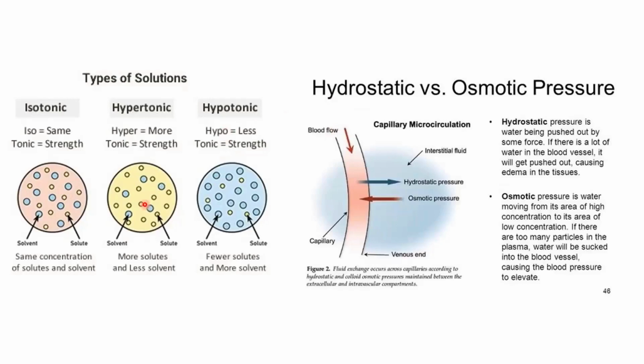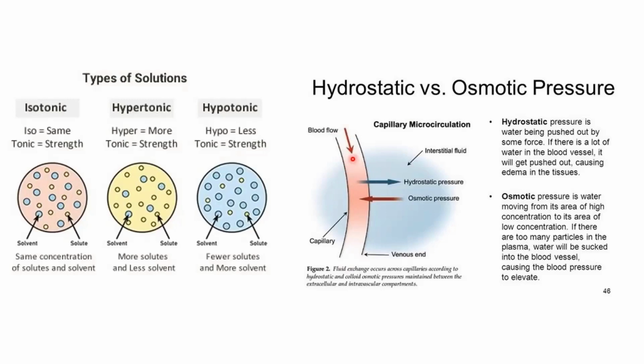Based on this, let's say hypertonicity or hypotonicity, there are two terms which I think I should explain. This is hydrostatic pressure and osmotic pressure, right? So hydrostatic pressure is any pressure of water which is in a closed container. The pressure that is created because of the water being in a closed container. So let's say if this is a capillary or a blood vessel and we have water here, any pressure that it will exert on the walls of the capillary is going to be called hydrostatic pressure.